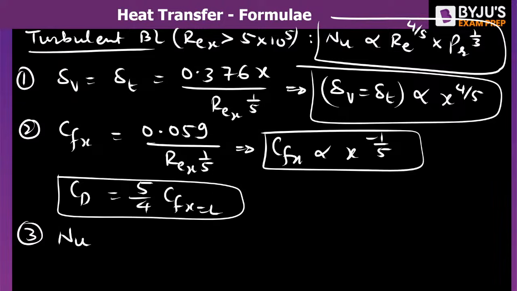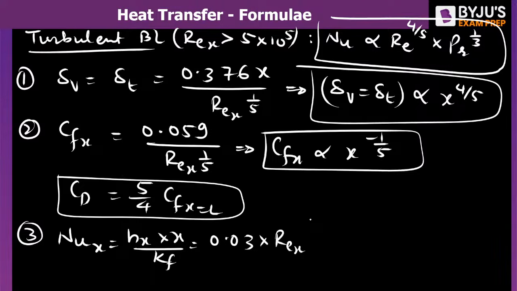Then the Nusselt number, that is Hx into x by Kf, is equal to 0.03 into Reynolds number to the power 4 by 5 into Prandtl number to the power 1 by 3.